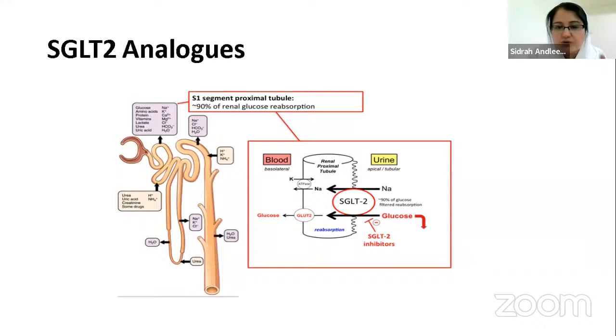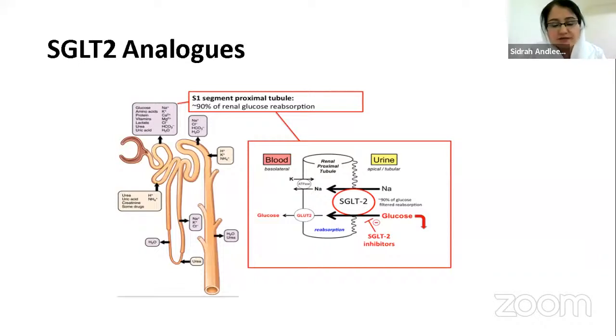So they cause glucosuria. So the glucose actually gets flushed out in the urine. And because of this, the glomerular pressure reduces. So they have a mechanistic role in preventing the progression of the kidney disease in a diabetic patient.